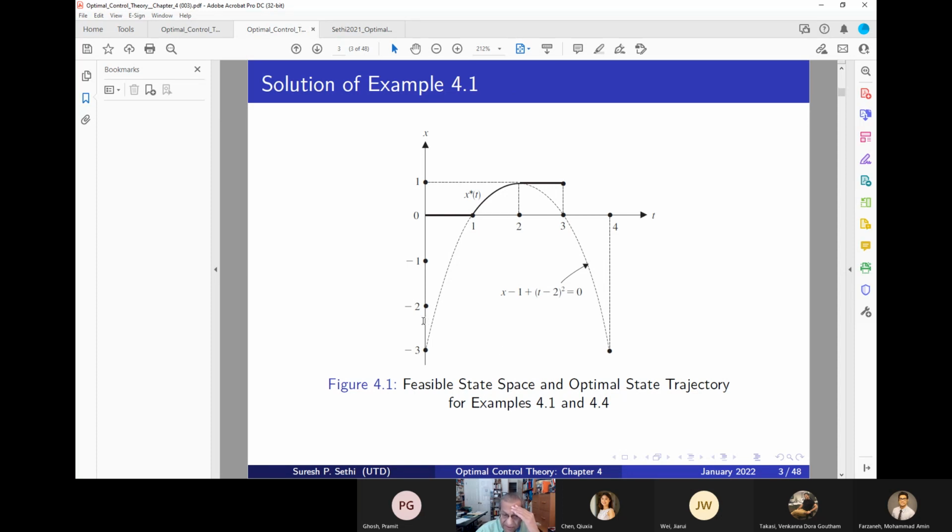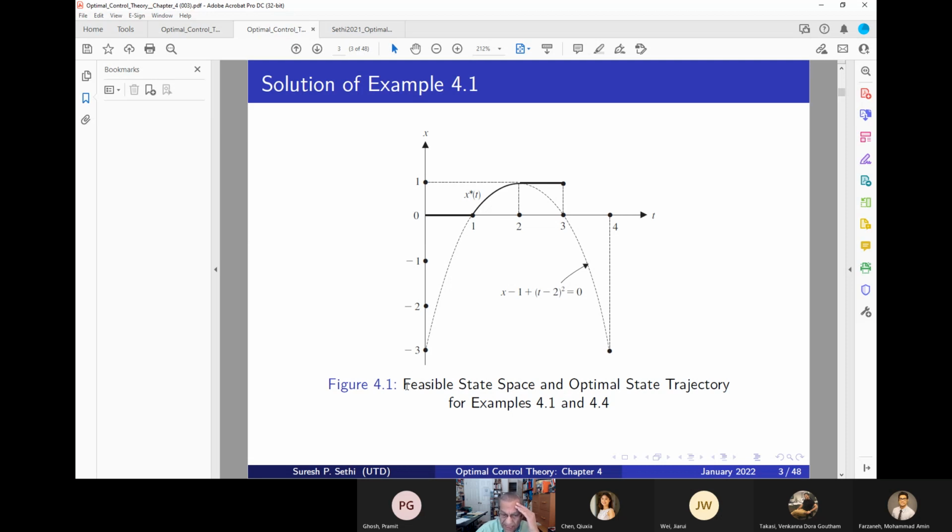But if I'm here, there's a possibility that I will use control 3 to go somewhere here, and then go like this. So I have to join this curve at the place where the slope is 3. If the slope is bigger than 3, then I cannot do it. Okay? So that's what I mean by this.